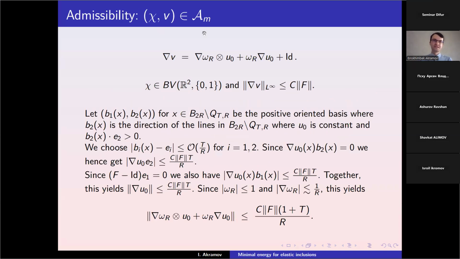And then admissibility of this chi and v is actually from this space.